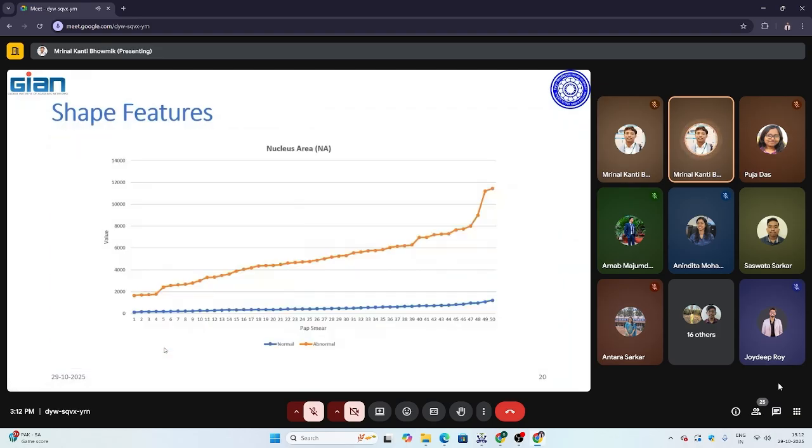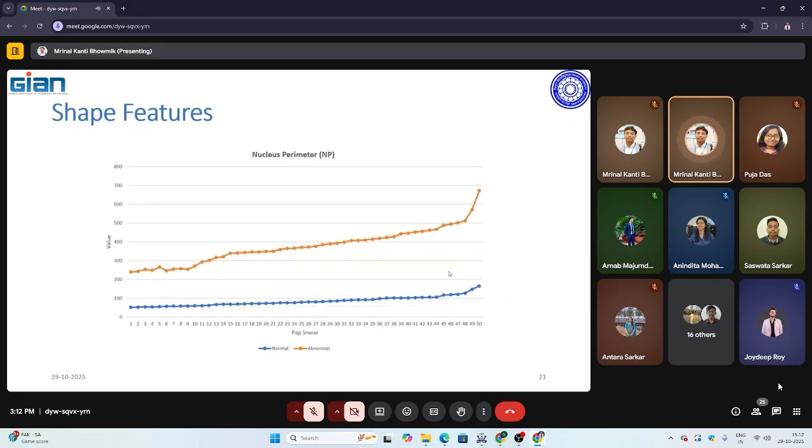Next, here you can see the graph for nucleus area. We have taken 50 normal cells and 50 abnormal cells, and these are the values of nucleus area of each and every normal and abnormal cell. So nucleus area is a feature which discriminates these two types of cells.